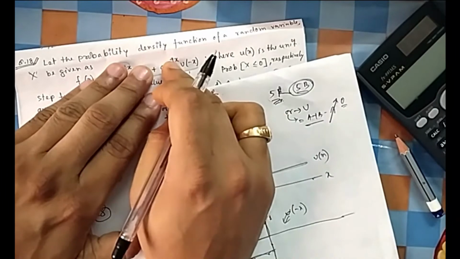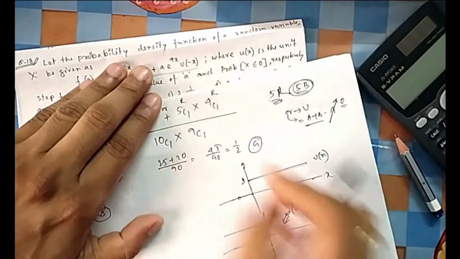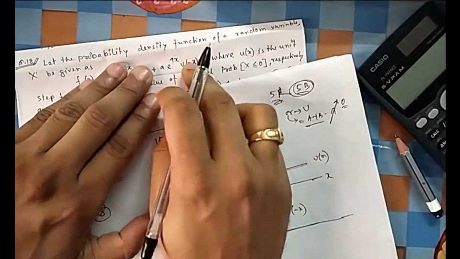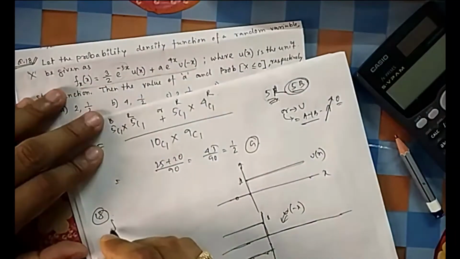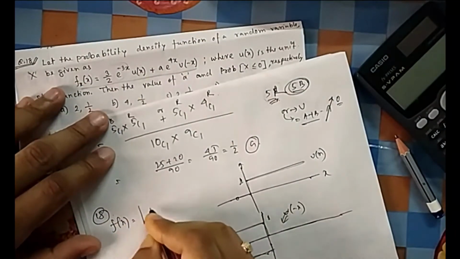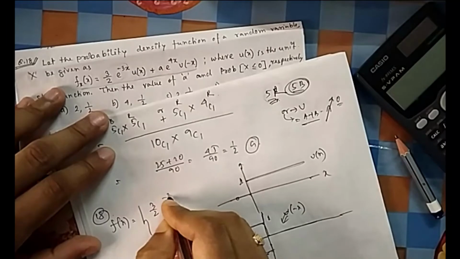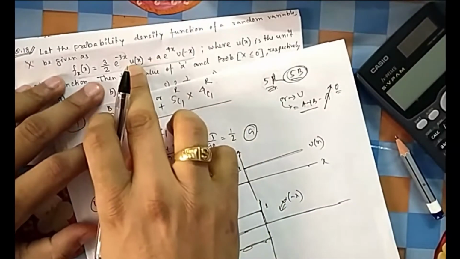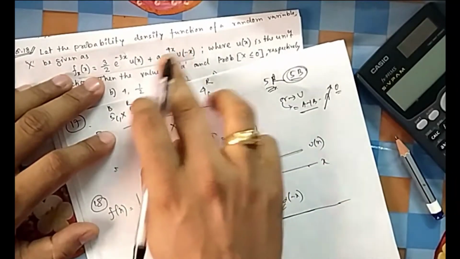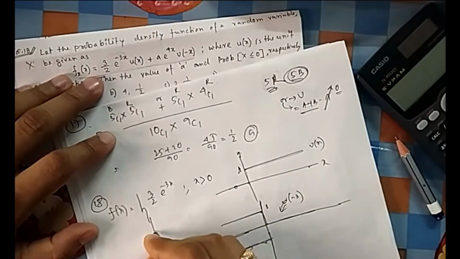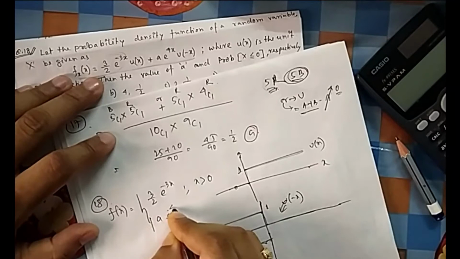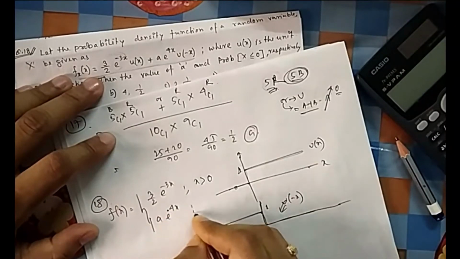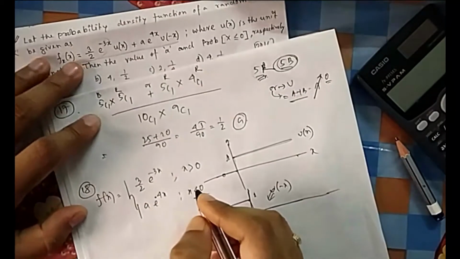If x is greater than 0, then this is 0. So ultimately f(x) is given this way: 3 by 2 e to the power minus 3x if x is greater than 0, and a times e to the power 4x if x is less than 0.